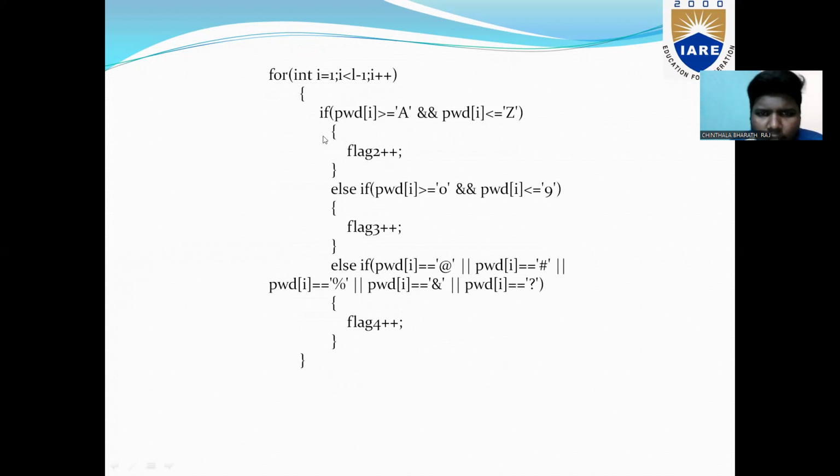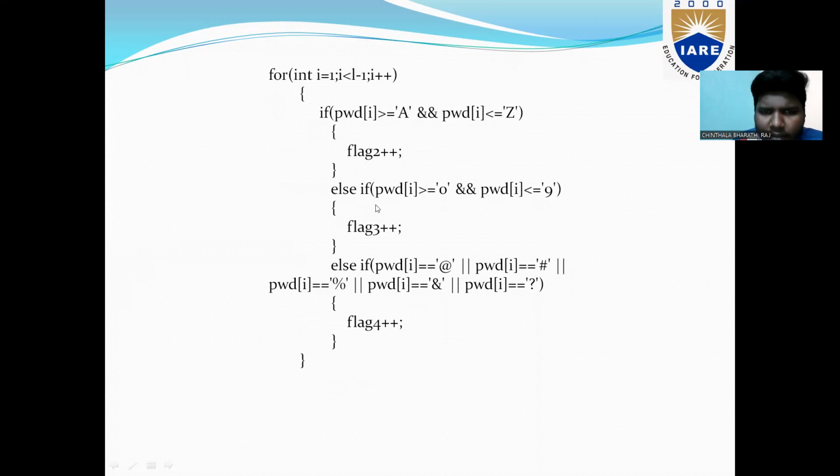Then here if pwd[i] is greater than capital A and pwd[i] is less than capital Z, then flag2 will be incremented.